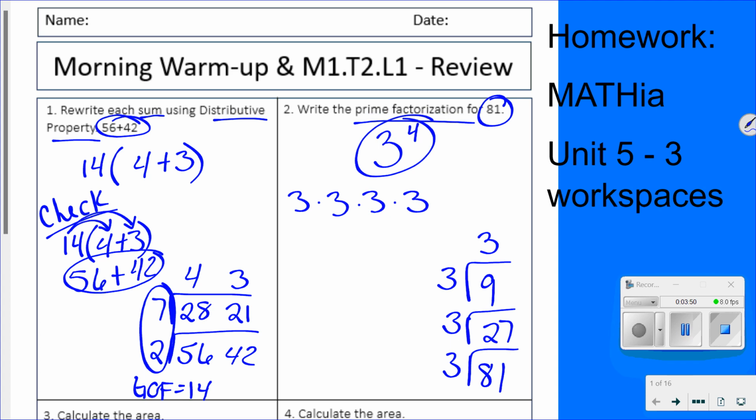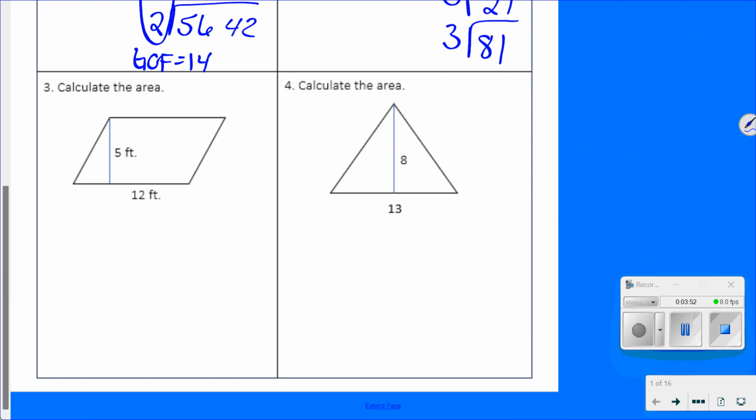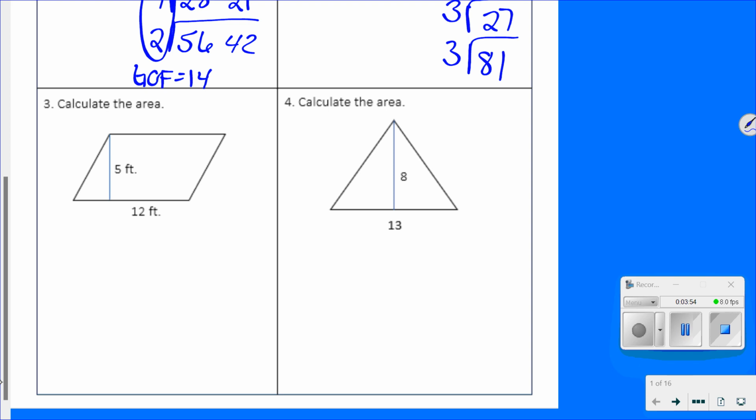All right, let's look at number 3. Number 3 and 4 were the things we worked on last class. We talked about area. This one's having us calculate the area. What is this shape? It is a parallelogram.